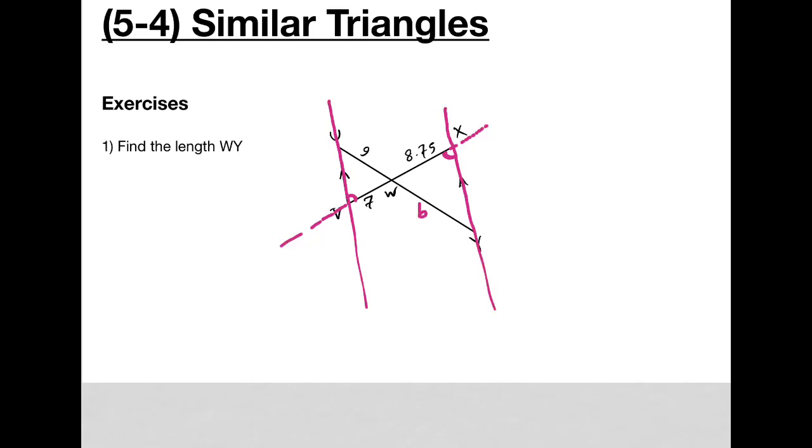Much in the same way, you can take this line to be transversal. Therefore, this angle will be congruent to this angle, right? So I found two angles from this triangle congruent to two angles from this triangle. So these two triangles must be similar, okay? Now let me erase the extra stuff here.